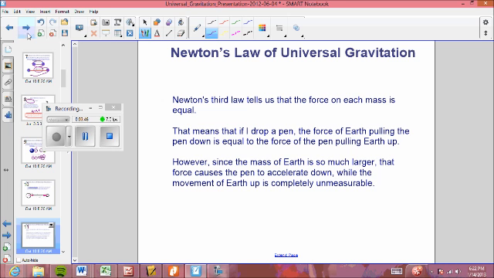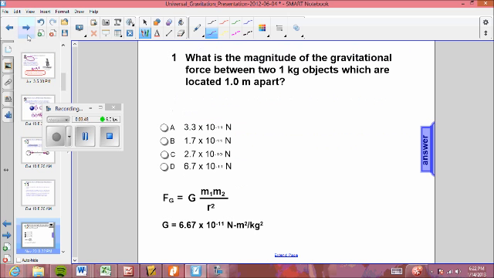What is the magnitude of the gravitational force between two 1 kilogram objects which are located 1 meter apart? So we've got our force of gravity equals big G times m1 times m2 over r squared.